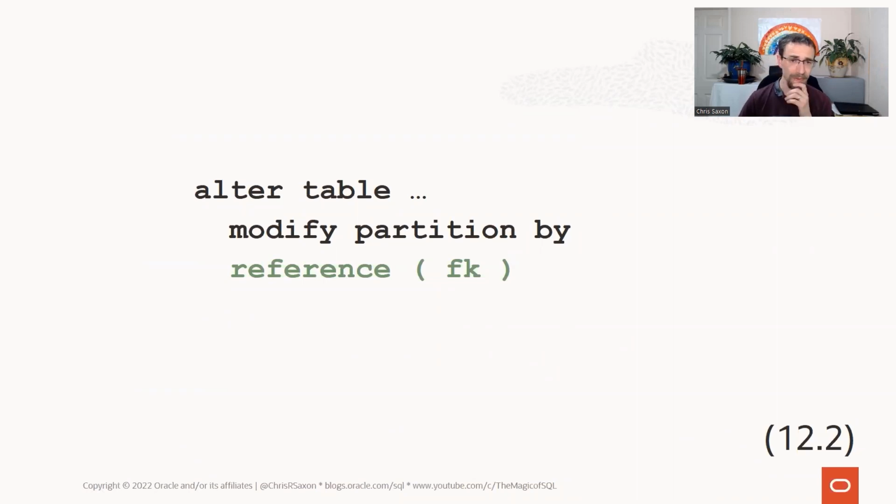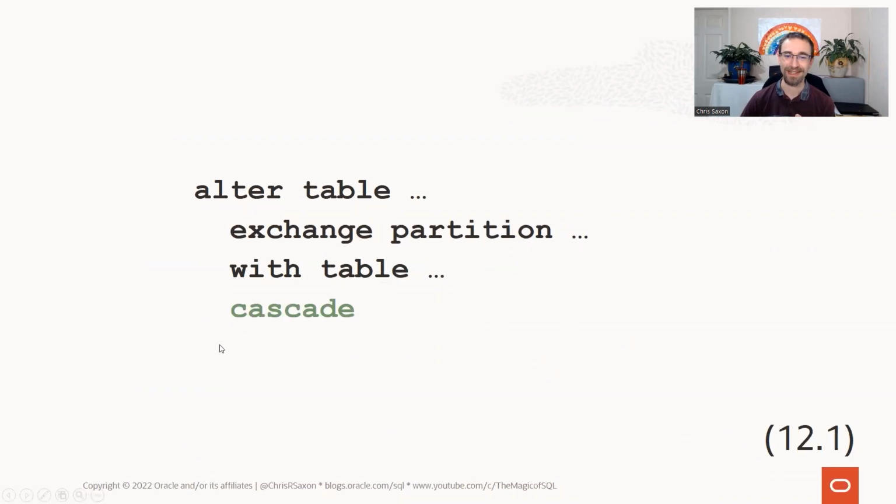So if we've done that, we can use the cascade option for the partition exchange. As the name might suggest, it cascades, it copies that operation to the child tables as well, okay? However, there is one thing to be aware of.